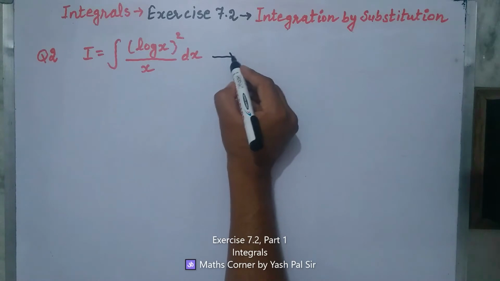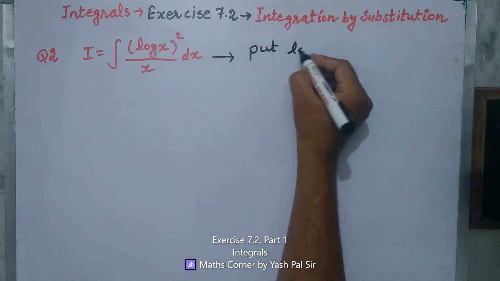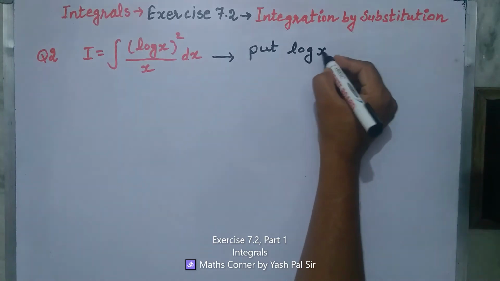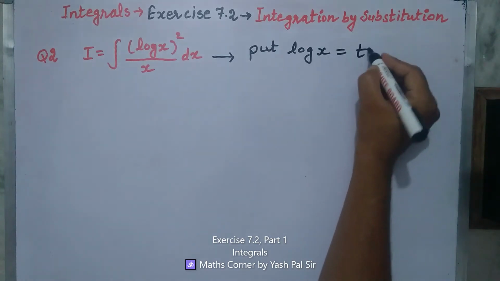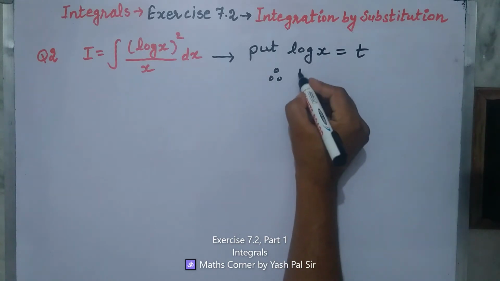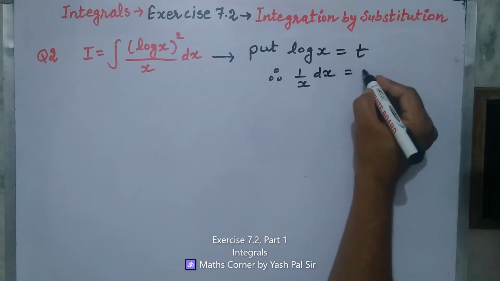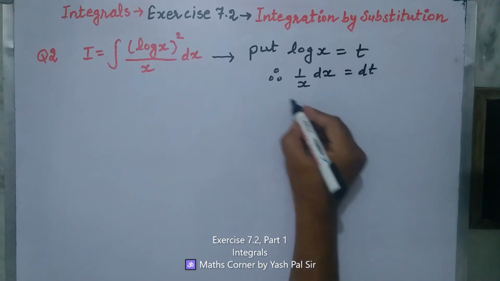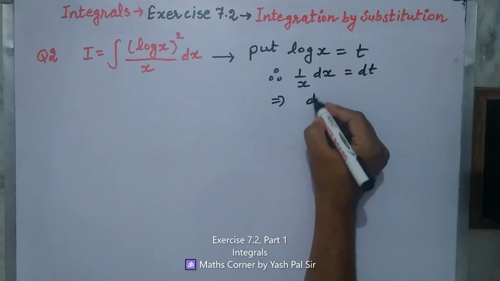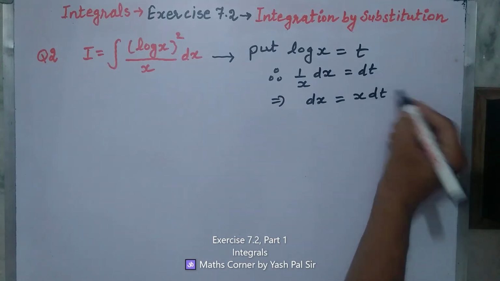So here we substitute, put log of x equal to t. Therefore, differentiating now, the derivative of log x is 1 upon x, so dx is equal to dt. That means dx is equal to x into dt.